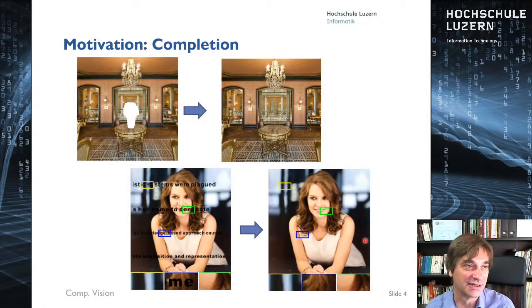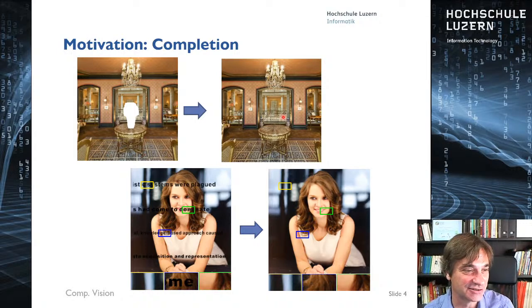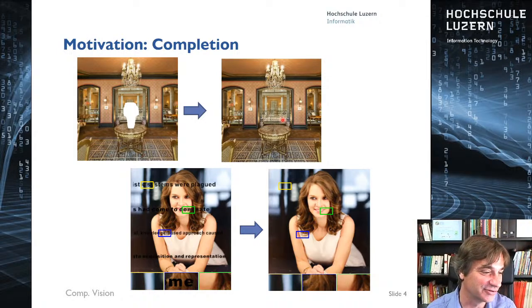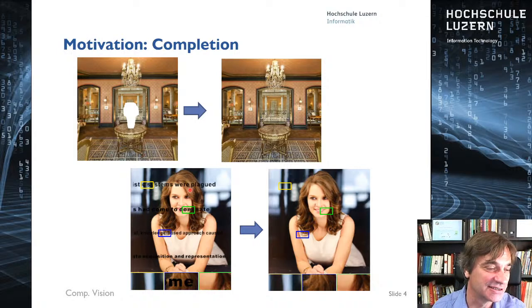Or, for example, image completion. Here there was something in the image that you had to cut out. It could not be shown, but you would like to have the rest of the image filled in so that it's not noticeable, and you can learn to generate the image in just that part. Or you have an image which has text all over it. You want to get rid of the text.